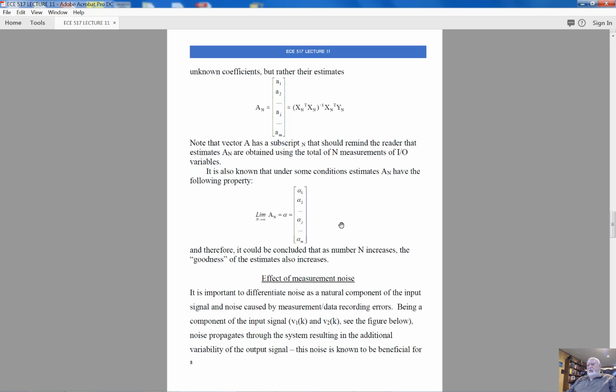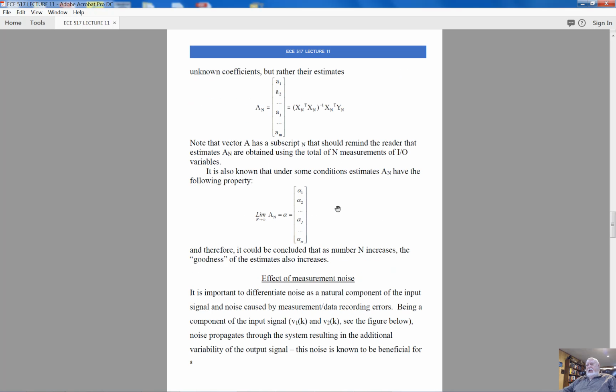So LSM provides unbiased estimates of unknown coefficients. And also from this expression, you should realize that the more measurements we use, the more accurate estimates we would extract, under one condition: if parameters of the plant do not exhibit drift. But in my initial discussion of the least square method, I'm assuming that parameters are constant.